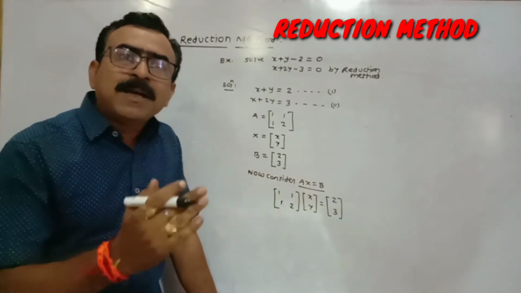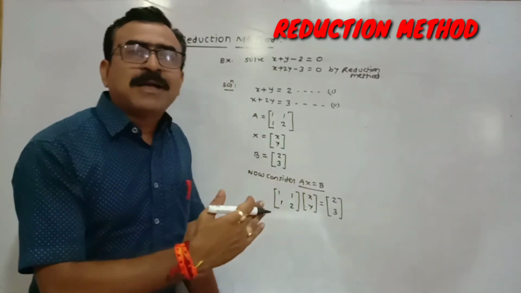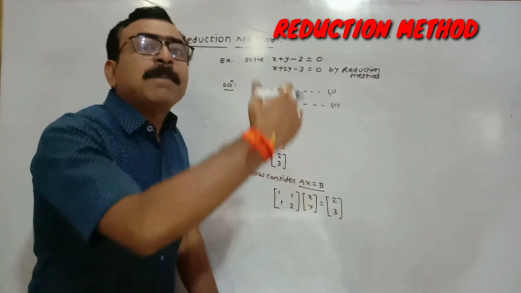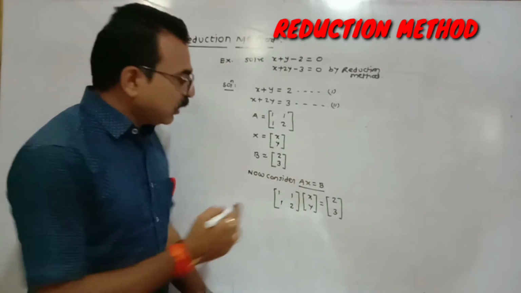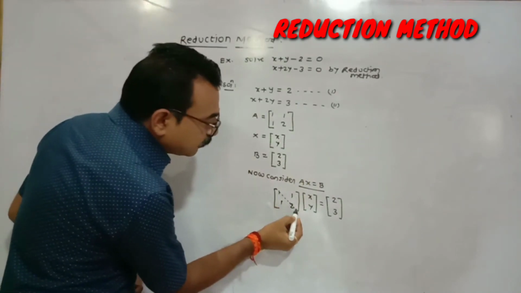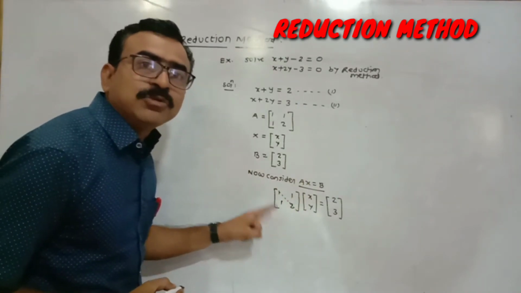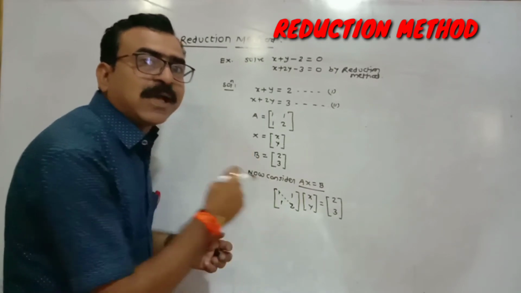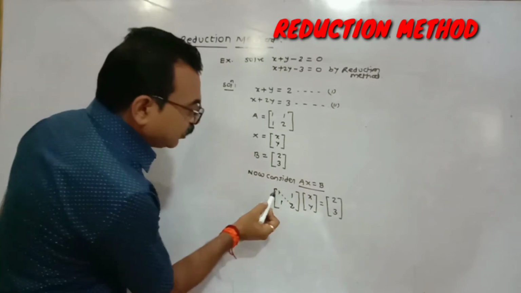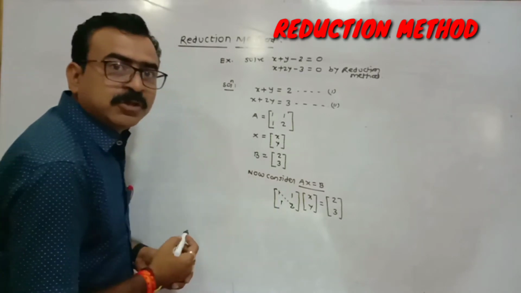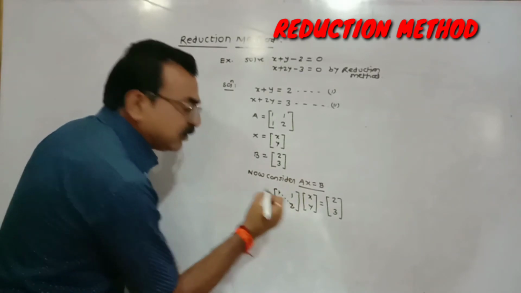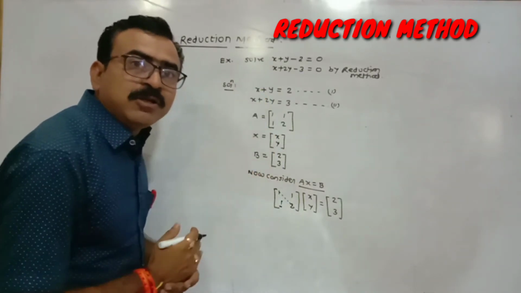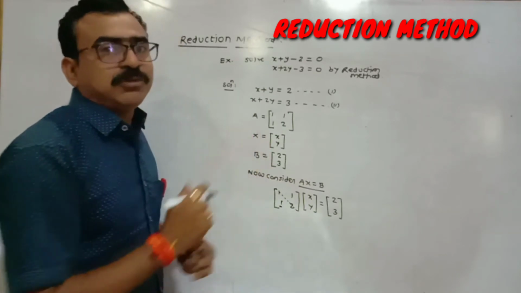So friend, upper triangular matrix means those square matrix whose all element below the diagonal are 0. Here, this 1 and 2, these two elements lie on the diagonal, and because of that it is called as diagonal element. So here this 1 is present below the diagonal, so you have to convert this 1 into 0.